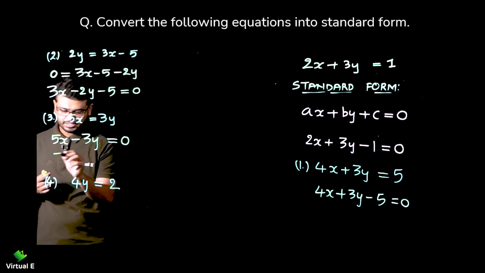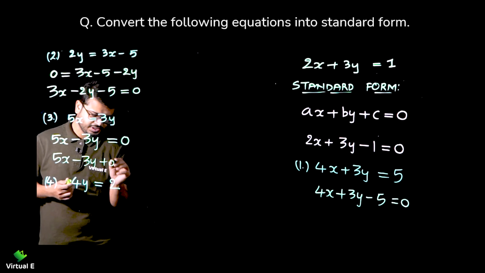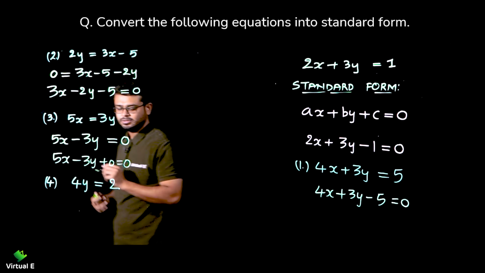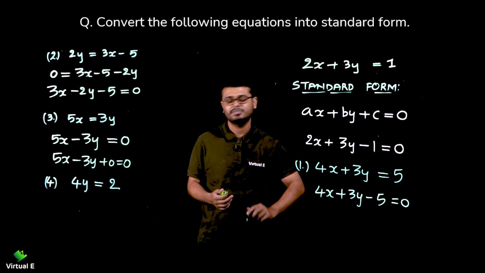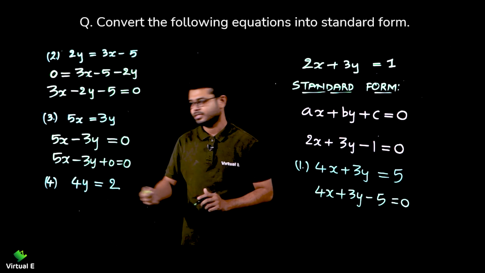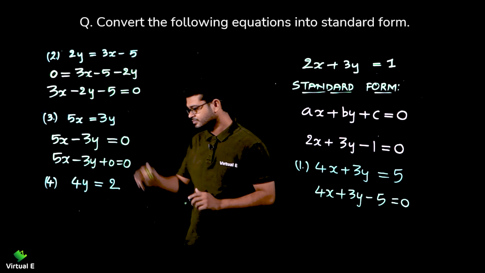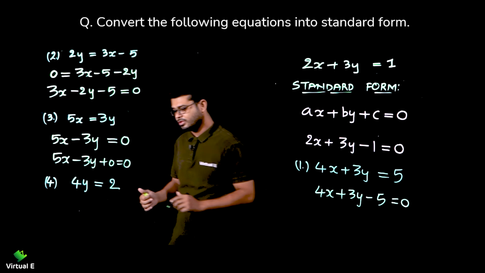Let's write it that way. So that is 5x minus 3y plus 0 is equal to 0. That doesn't make much sense, right? But for the sake of standard form, we can write it, okay, that there is one constant which is 0 in this case.